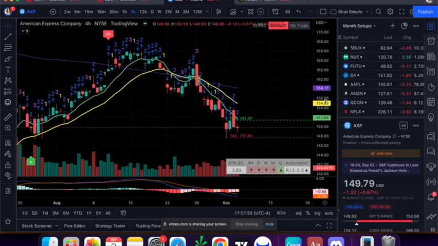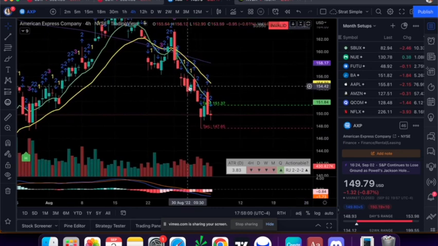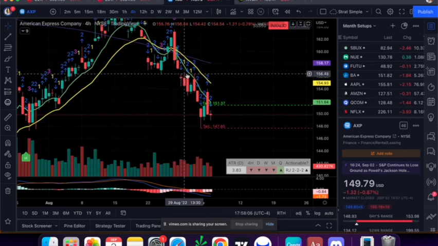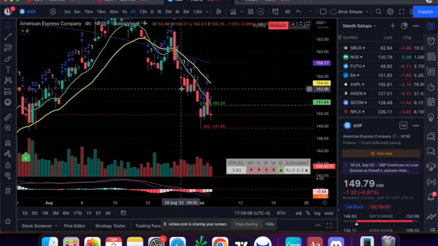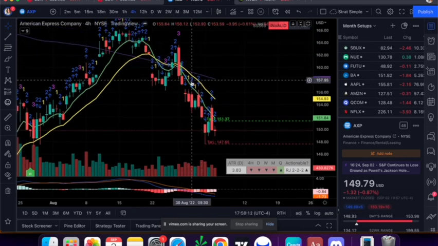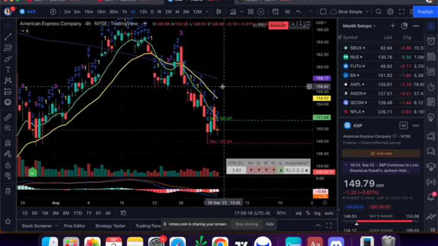And so let me zoom in so I can see what's going on. Monday was the 29th. Yeah, so again, Friday was a 3. And then we got the 2 with a little bit of consolidation, like a 2-2, but price action really didn't move much.